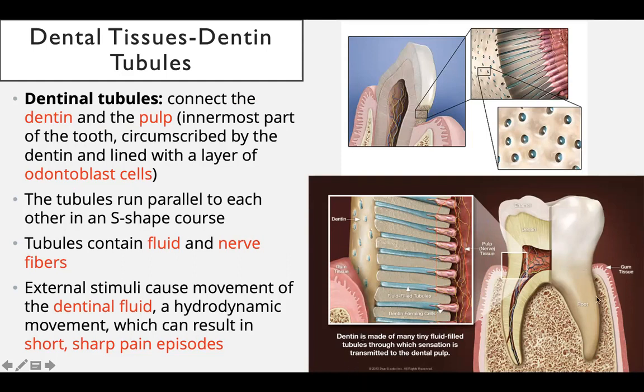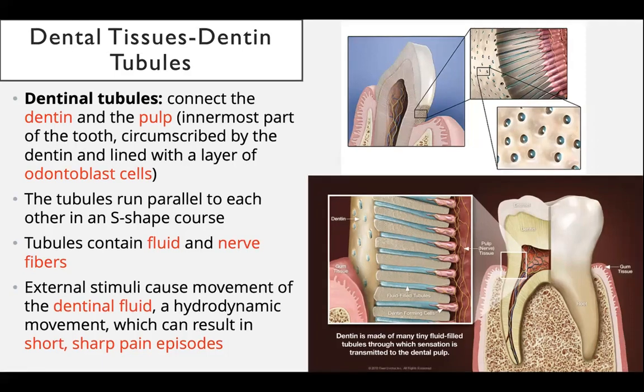Okay, so we have this big whole view. Dentin is made up of many tiny fluid-filled tubules through which sensation is transmitted to the dental pulp. If we feel hot and cold to a mild level, it does not mean our teeth are eroded or damaged.